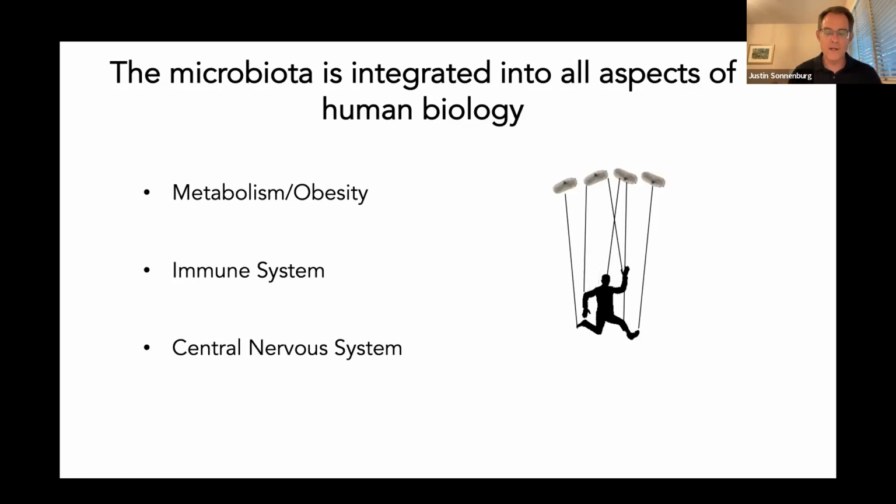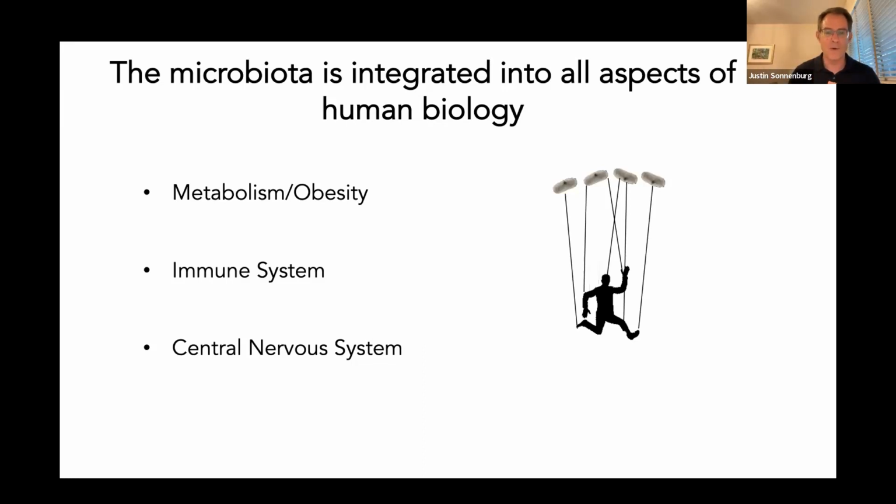I think an important thing to realize is even though our gut microbiome is confined to our gut, it impacts biology all over our bodies. So, the microbes in our gut are secreting chemicals. Those chemicals get absorbed into our bloodstream and then circulate throughout our bodies. This leaves our microbiome capable of impacting things like metabolism and obesity, certainly our systemic immune system, our central nervous system.